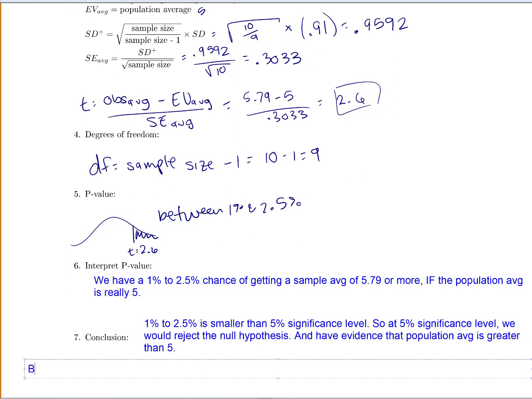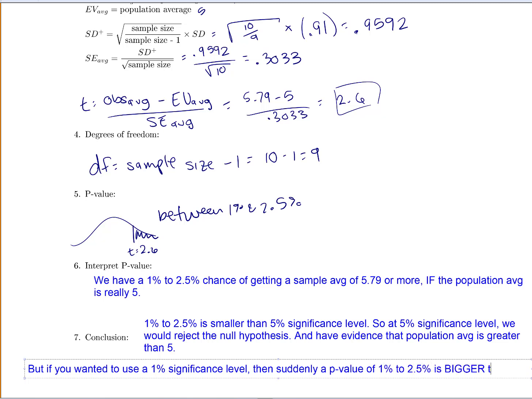So what would happen? What if we wanted to be really, really sure? Now this is just tomato, so it probably doesn't matter, but if you, for some reason, wanted to be really, really sure, and you wanted to use a 1% significance level, then suddenly a p-value of 1% to 2.5% is bigger than the significance level of 1%.